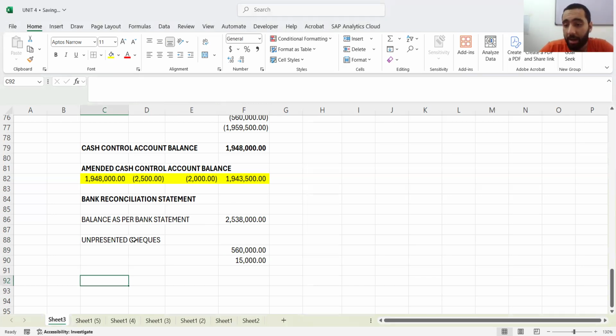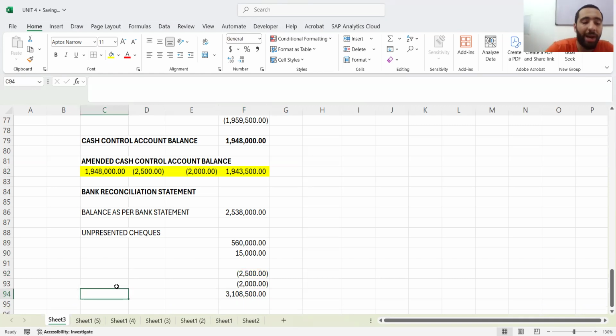Yes, done. And then what else? Yes, you have to adjust this balance as well. This 2,500 and 2,000, so this is plus. And then you have to adjust this minus 2,500 minus 2,000. What is this? Yes, the bank charges and the checkbook charges.